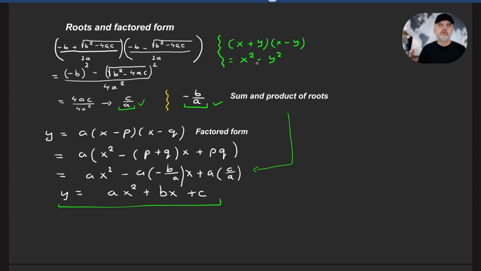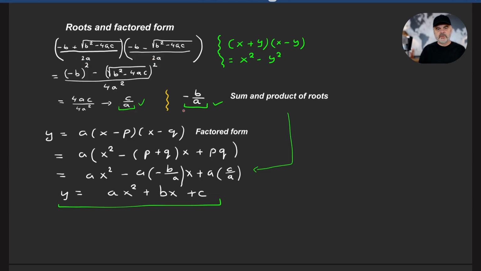Instead of doing the long method of FOIL, expanding everything, which you could, you would quickly use the difference of squares. When you raise the square root to the power of 2, you eliminate the square root, and b squared and b squared are gone. Then you have 4ac on top divided by 4a squared, because you multiply 2a times 2a, and that reduces to c over a.